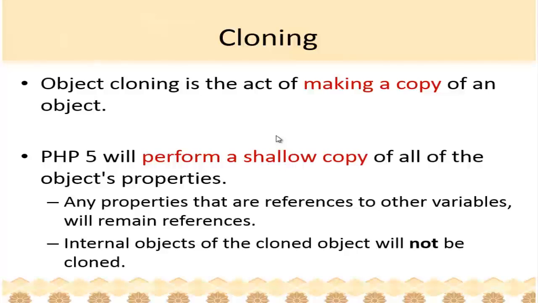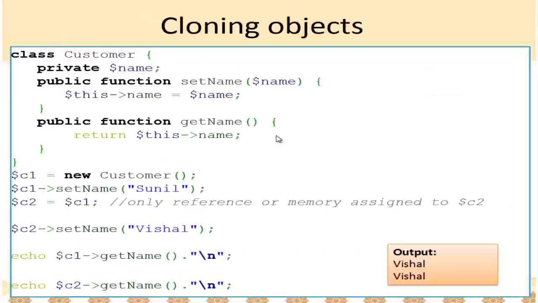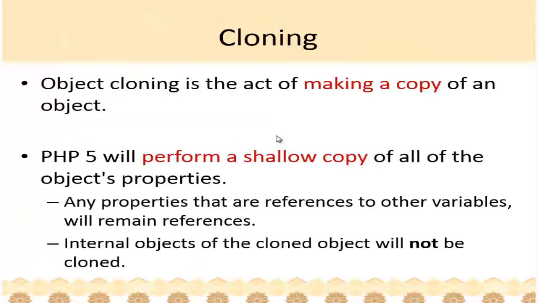Within the object, here I have a string. If instead of this it was a reference to one more object, then this replication will not be done. When I clone, it will not clone the other instance of the object. It will only clone the scalar values, but it will not change the reference objects. So this is the problem.